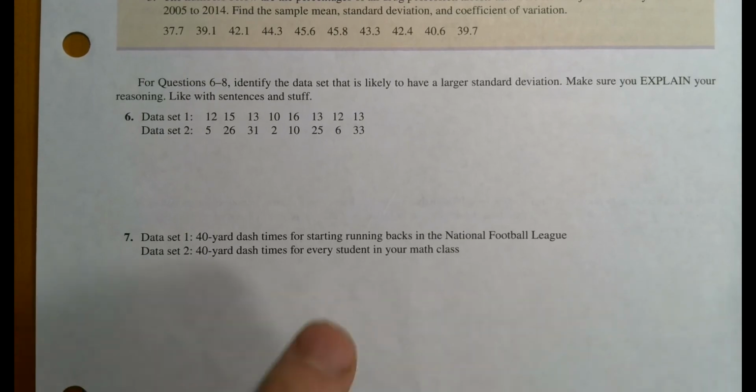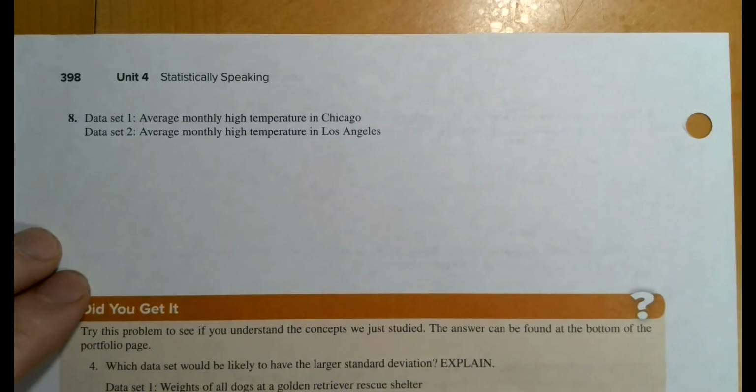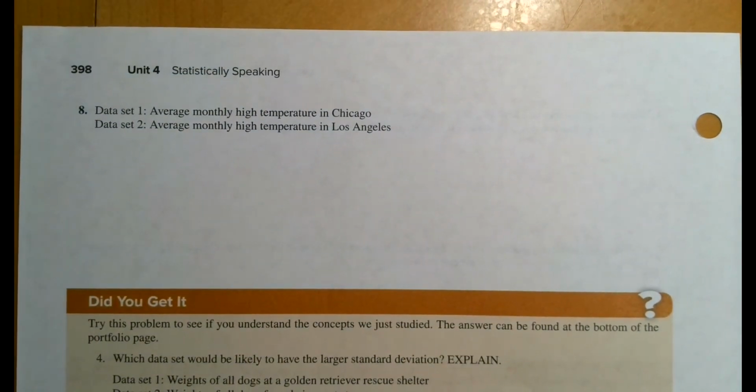All right, let's do another one. How about the average monthly high temperature in Chicago versus the average monthly high temperature in Los Angeles? If you know anything about Chicago, they have summer where it gets really hot, and they have winter where it gets really cold. Los Angeles, I don't know a whole lot about it, but I don't think they have a whole lot of winter.